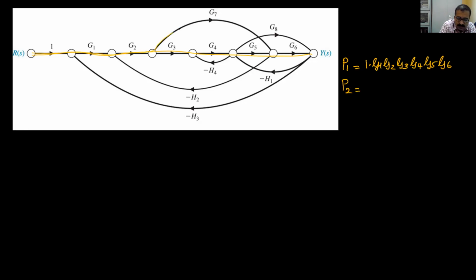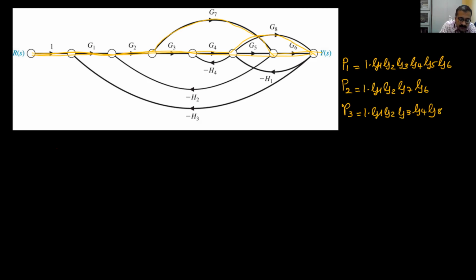The third path is 1, G1, G2, G3, G4, G8. So there are three possible forward paths.